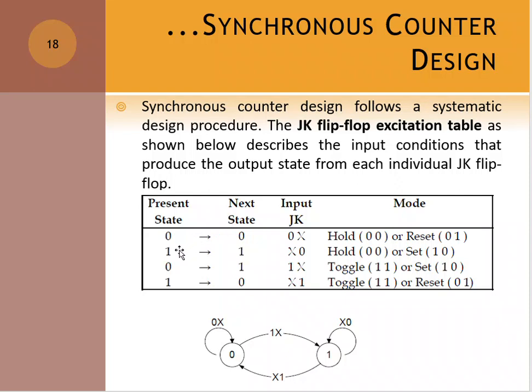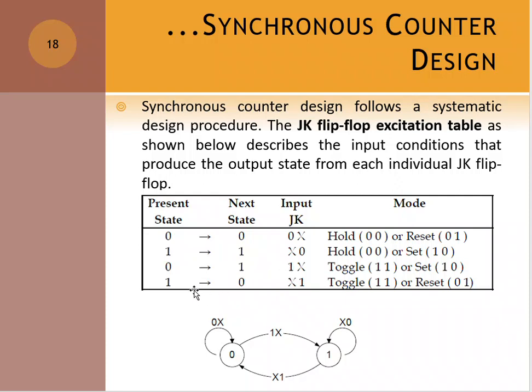Okay, so if the present state is 1, next state also 1 when the condition is hold or the condition is set. Okay, the third one, the present state is 0, next state is 1. This can occur when J1, K0 or J1, K1. Sama ada toggle or set.